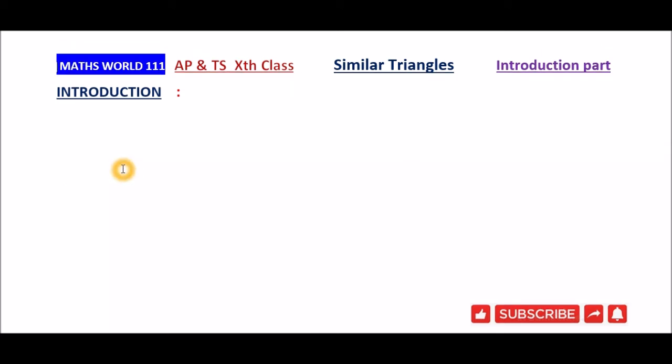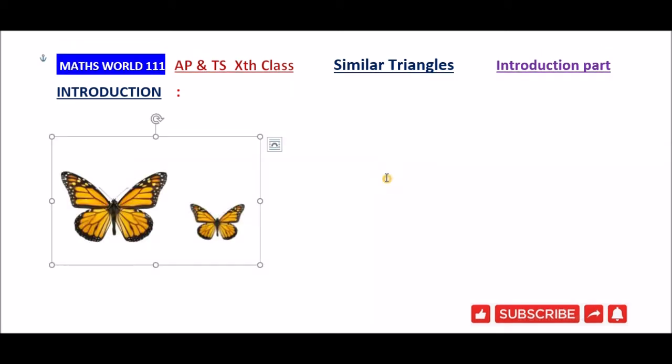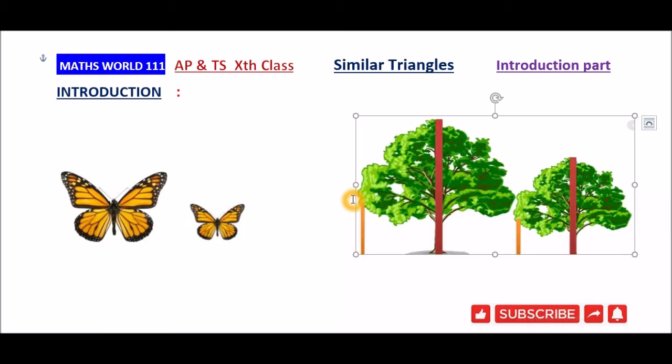Now, see this image. There are two butterflies. One is the bigger one and another one is smaller one. And see one more image. There are two trees. One is a bigger tree and another one is smaller tree.